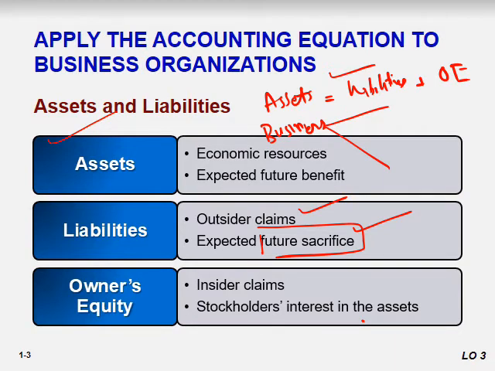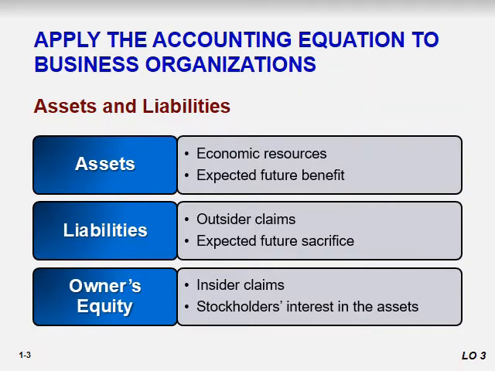Liability shows how much in this business is outsider claim. And owner's equity represents how much is the insiders' or owner's claim. Insiders are the owners who started the company.